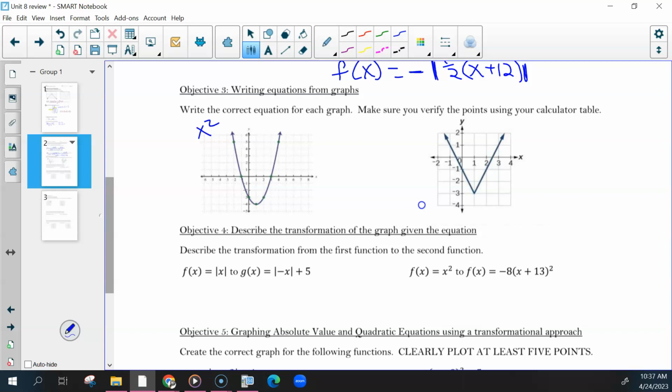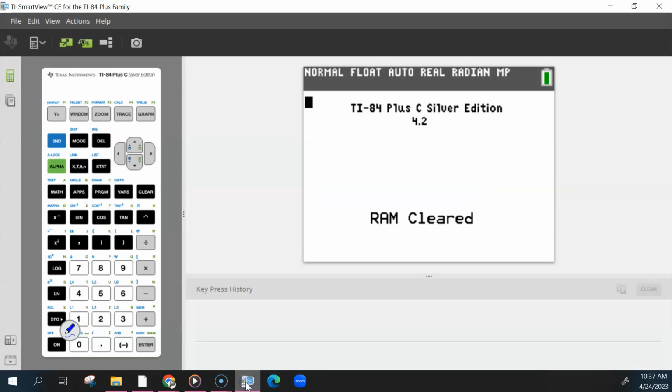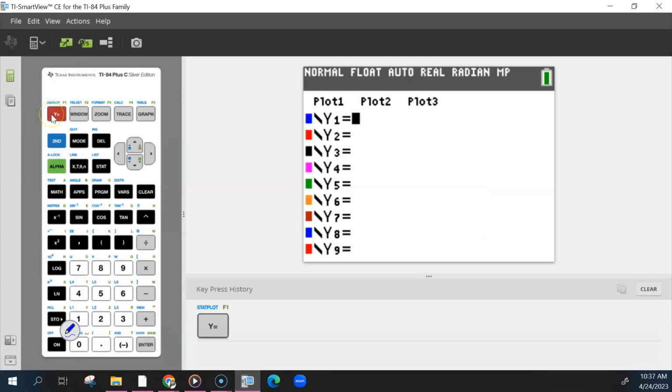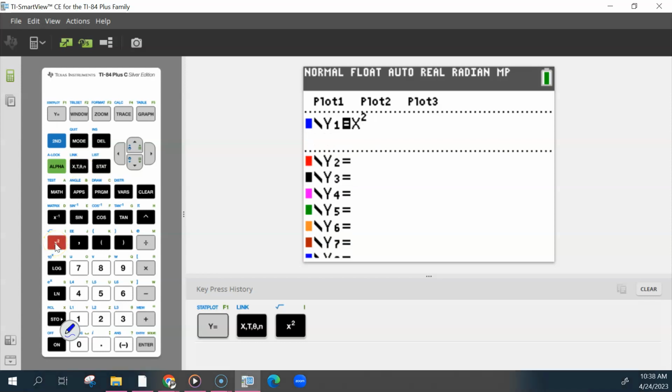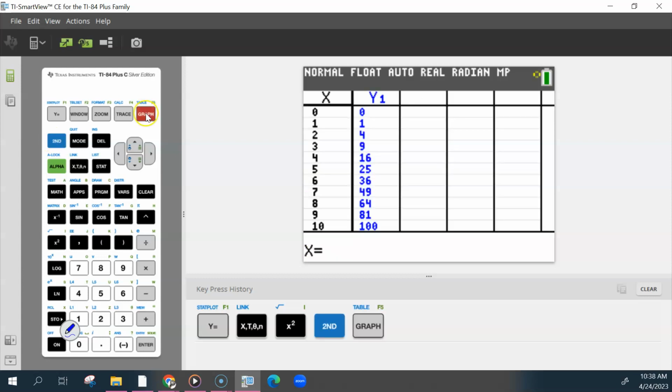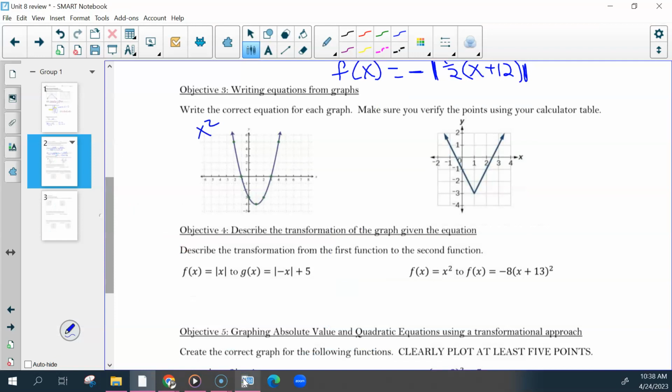So if you're looking for the parent function of x squared in your calculator, you can go in y equals and put in x squared. Go into your table and plot those points. That way you have something to compare it to. So it starts at 0, 0, goes 1, 1, negative 1, 1, 2, 4, negative 2, 4. That would be your parent function.